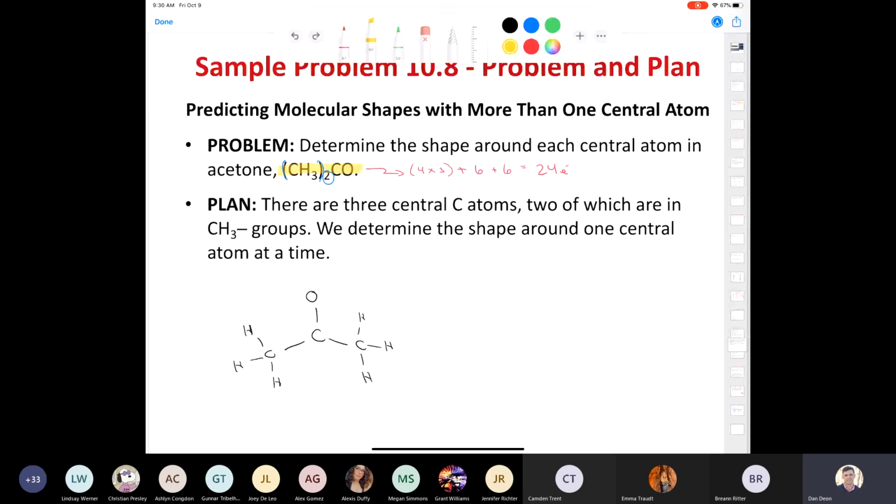Could anybody suggest to me where I should put those remaining 6 electrons? Yeah, somebody says oxygen. That's true. I think the reason my students are all saying oxygen is because the oxygen is lacking an octet. Matthew says the carbon and the oxygen. Why, Matthew?